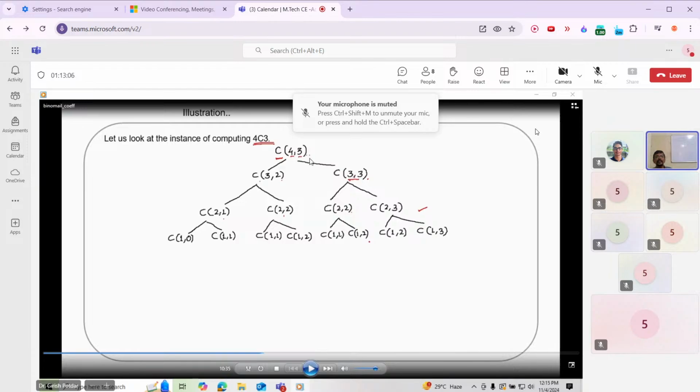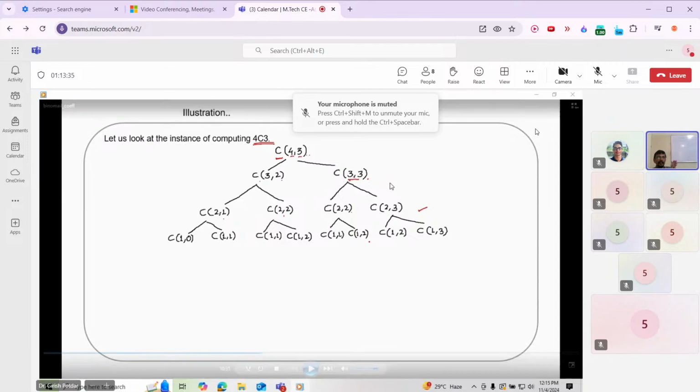See, C(4,3) is there. How did C(3,2) come from C(4,3)? N is 4 and K is 3. N minus 1 went to the next term, so N minus 1 became 3 and K minus 1 was taken. So one possibility is C(3,2). The other possibility is N minus 1 and keep K as it is.